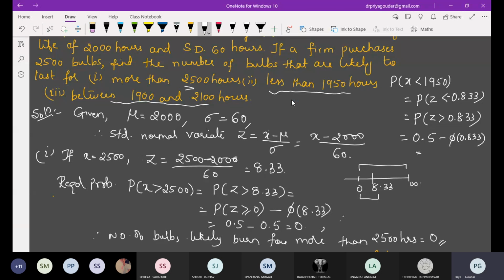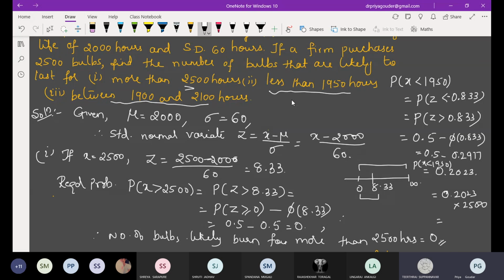I'll give the third part as homework. What is this value? 0.2977. So the answer is 0.2023. This is the required probability, but they have asked for the number of bulbs, so multiply this quantity by 2500.